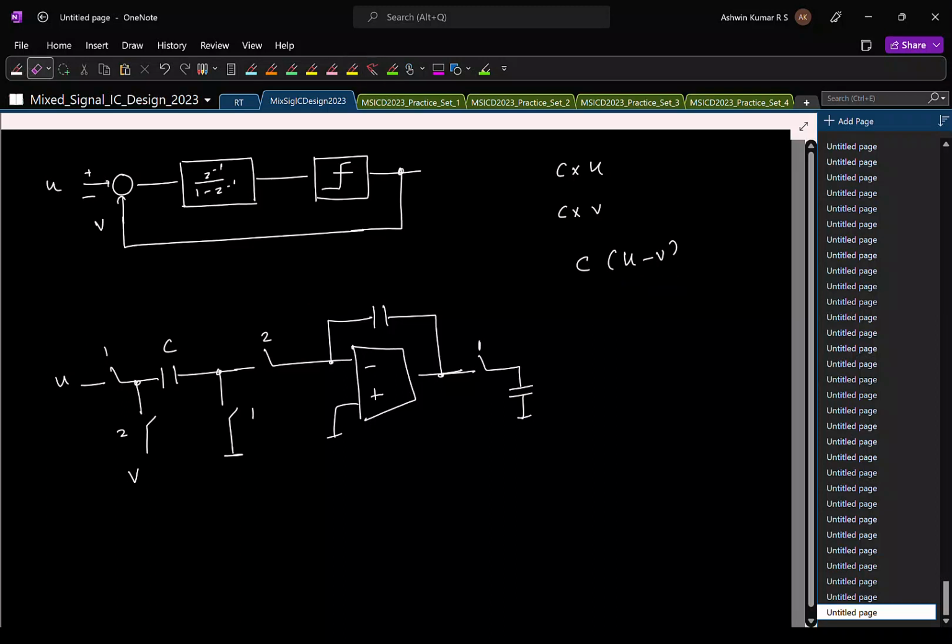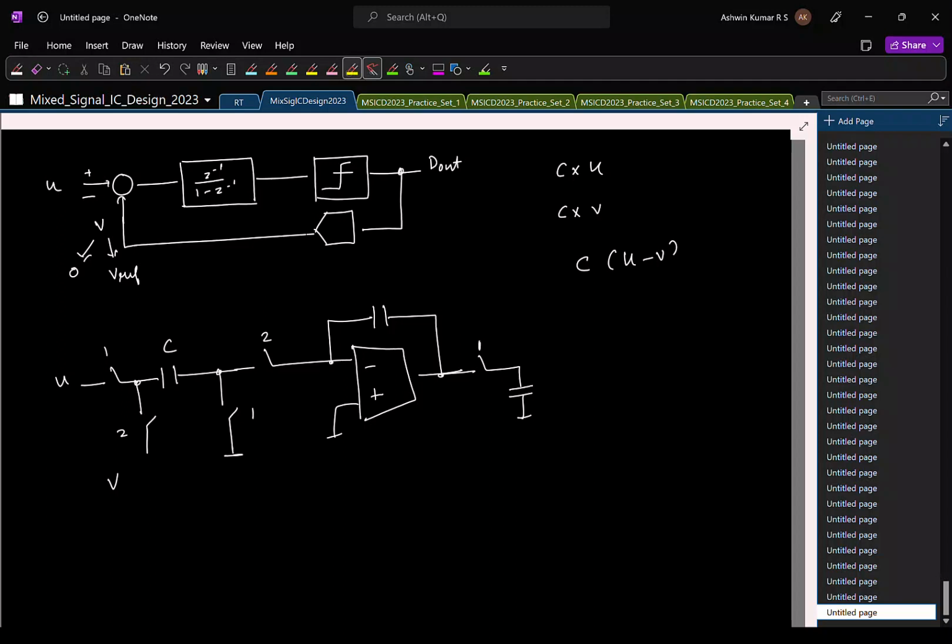This V is basically your feedback signal, and remember if the output is some digital data DOut, you ideally have a DAC. If it's a single bit, if DOut is 0 you want to connect 0 here, if DOut is 1 you want to connect some VREF here. So how can I do that here?